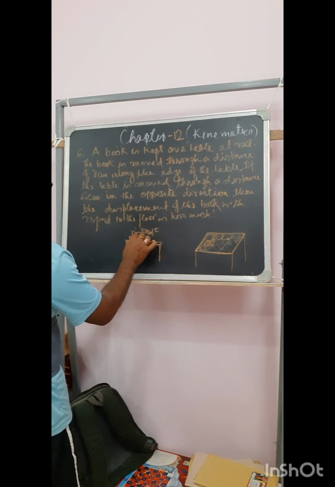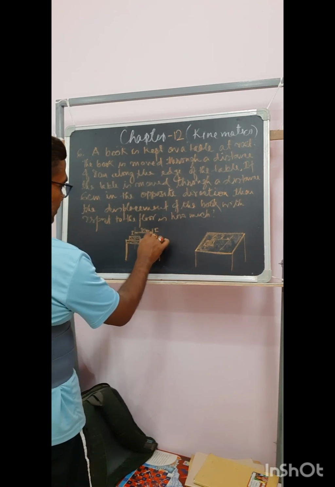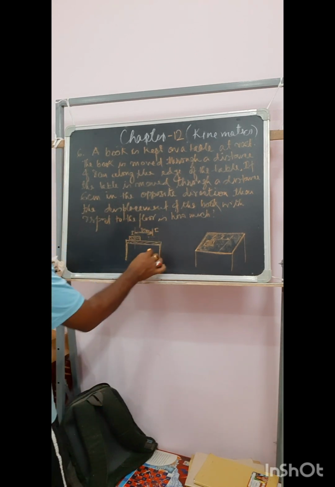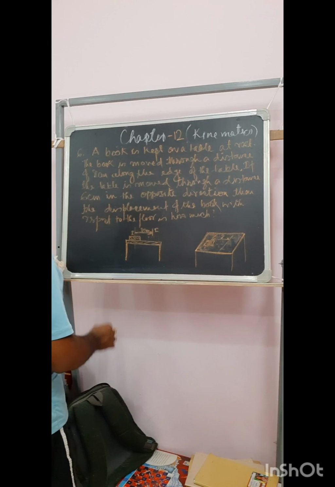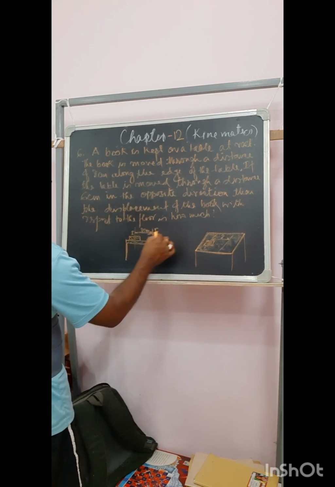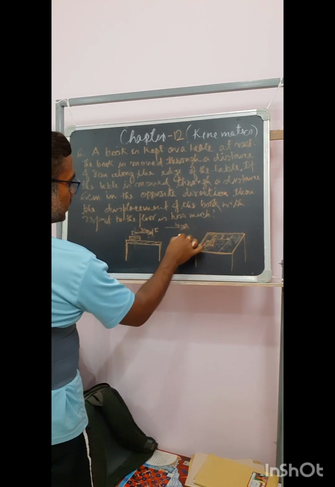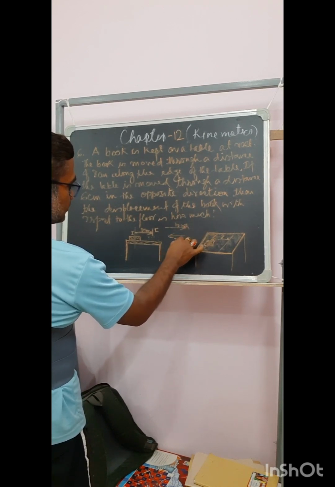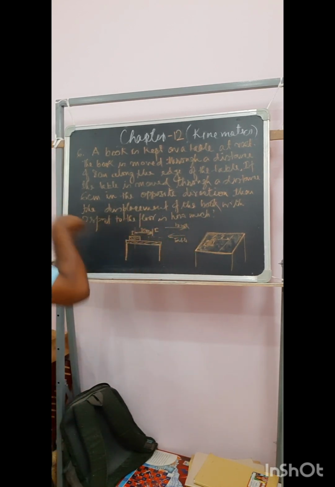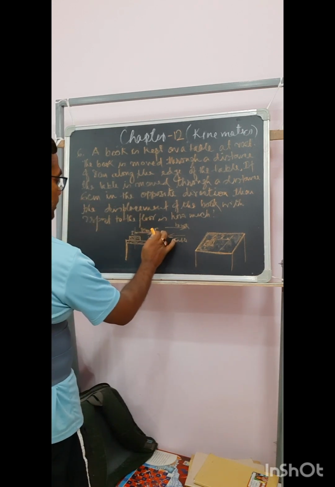Now the book is moved this way, so its final position will be somewhere here. Now the table, which is at the initial position, is moved in the opposite direction, means book is moved this way and the table is moved in this direction. Once it's moved, it gets a new position here.